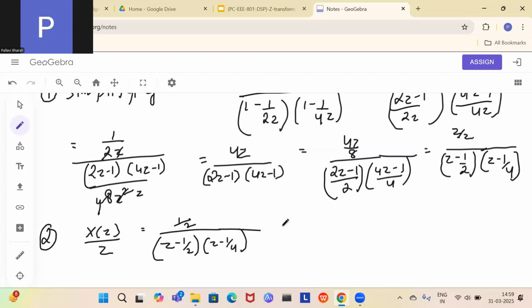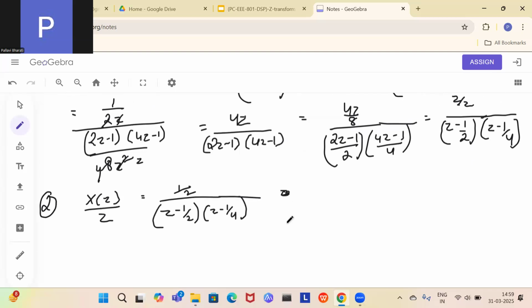This is the second step: writing it in the form of X(z) by z.